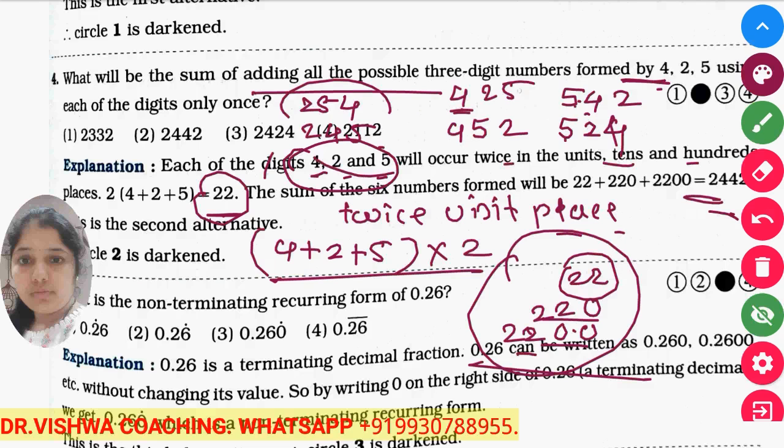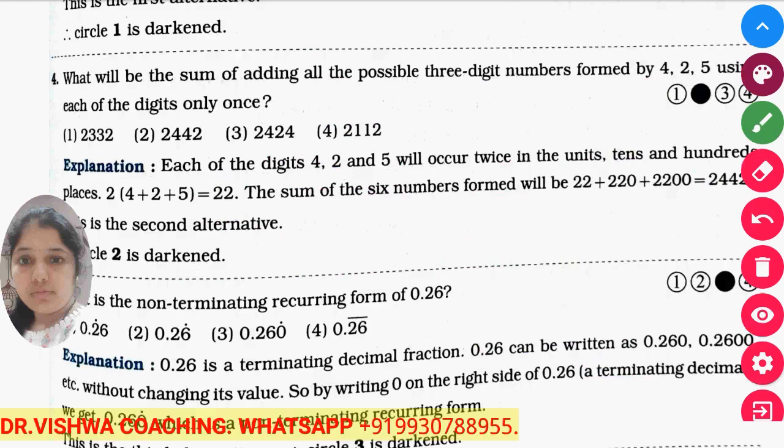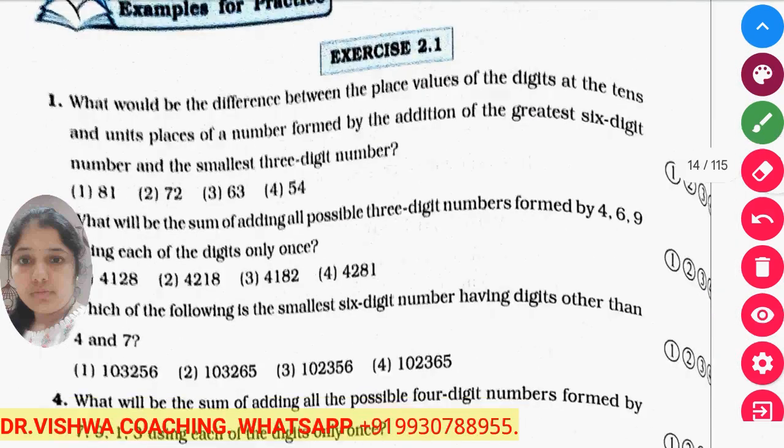You can see each digit comes at every place 2 times, and 6 combinations are formed. In this way we can add them. The sum of the 6 numbers formed will be like this only. Understood? Now we'll move to the practice exercise.